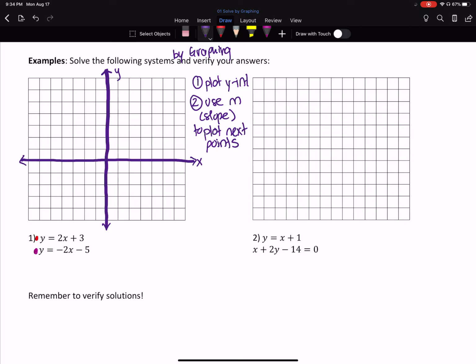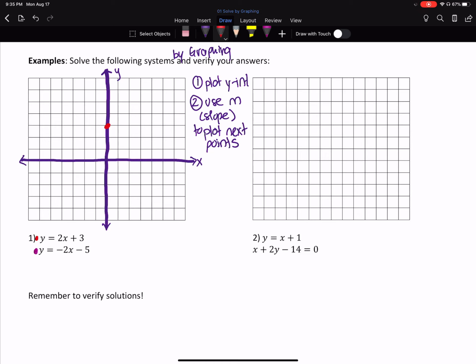So what I mean by that is if we look at the y-intercept, which is positive 3, and we start here, and then I look at the slope, which is 2, the slope is m, right?